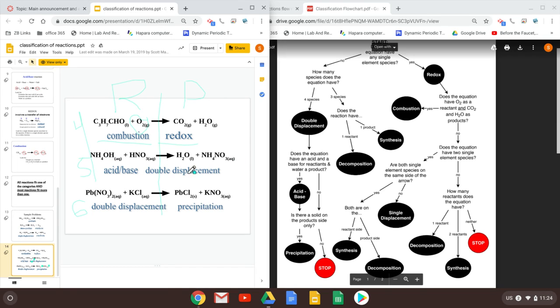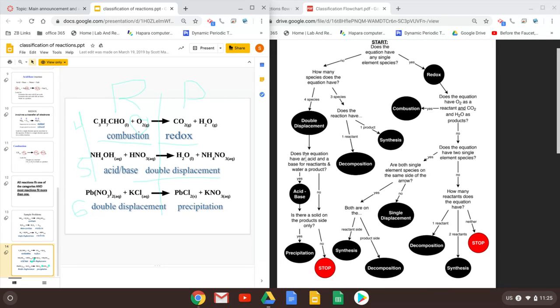The answer is no. So, how many species does this equation have? Well, it has one here, one here, one here, and one here. That sounds like 4 to me, which gives it its first classification of double displacement.